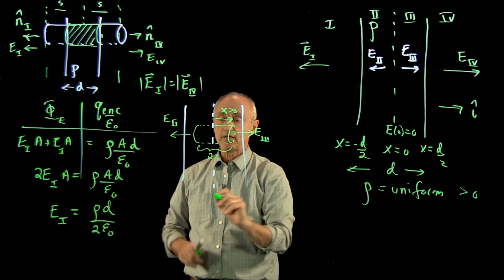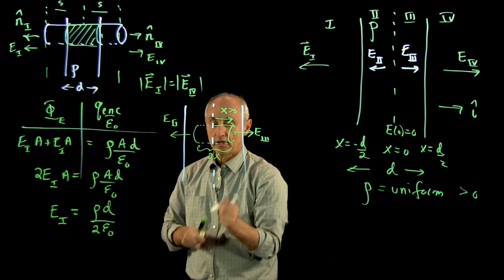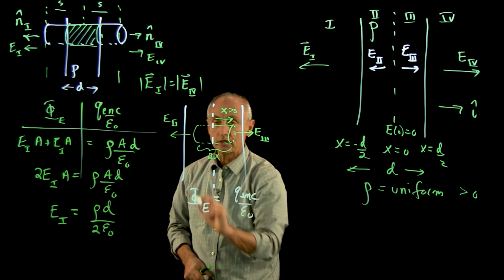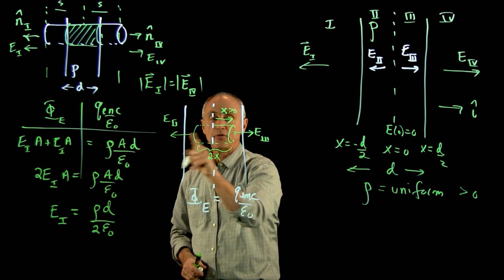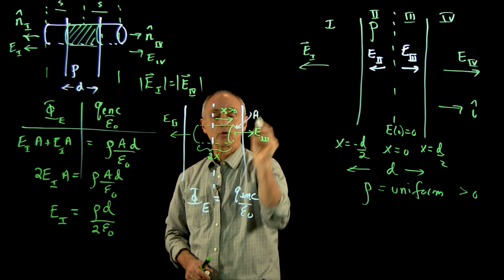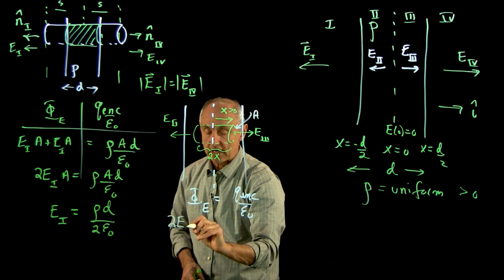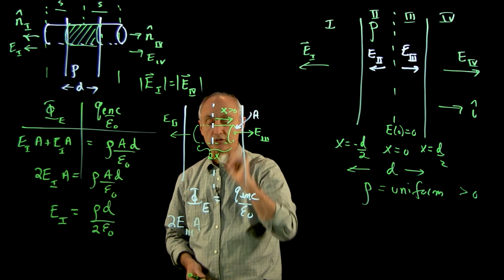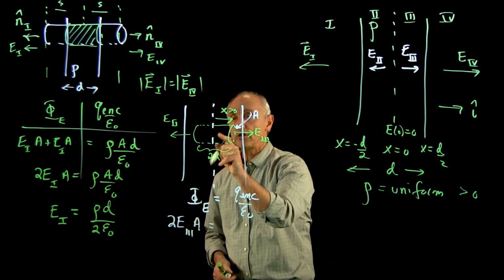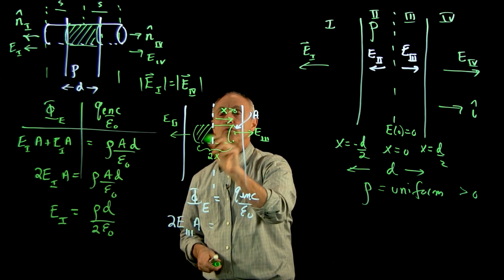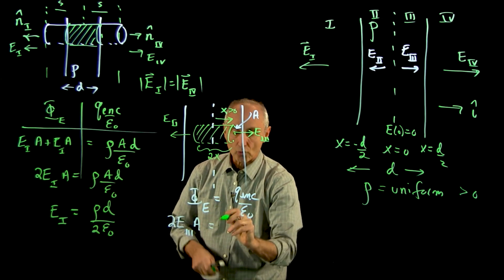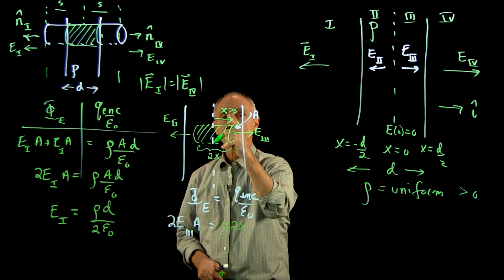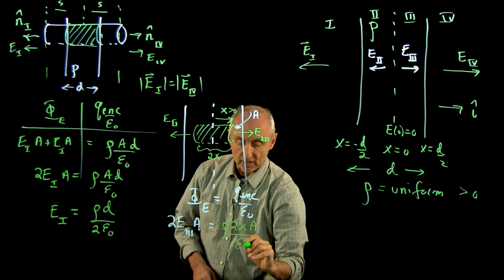And now by symmetry again, our Gauss's law calculation: flux of E equals charge enclosed over epsilon naught. Well, the flux is still one side over here plus one over there. We still have a cross-sectional area A. So I get 2 E times A, and they have the same magnitudes. I'll call this magnitude E3. 2 E3 A equals the charge enclosed, shade in that charge enclosed, and we get rho times the size, 2x, times A over epsilon naught.